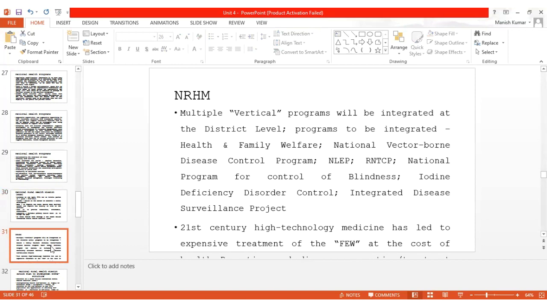These multiple vertical programs were supposed to be integrated at the district health society, which is DHS, at the district health level. Multiple programs like NVBDCP, IDSP, RCH, MCH, RNTCP, NLEP, National Blindness Control Program, these all parallel programs were being run by Government of India, and similarly there had been separate cells at different states.